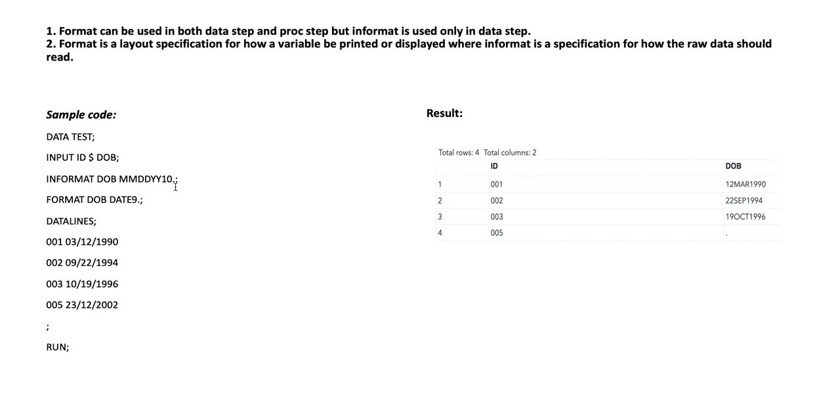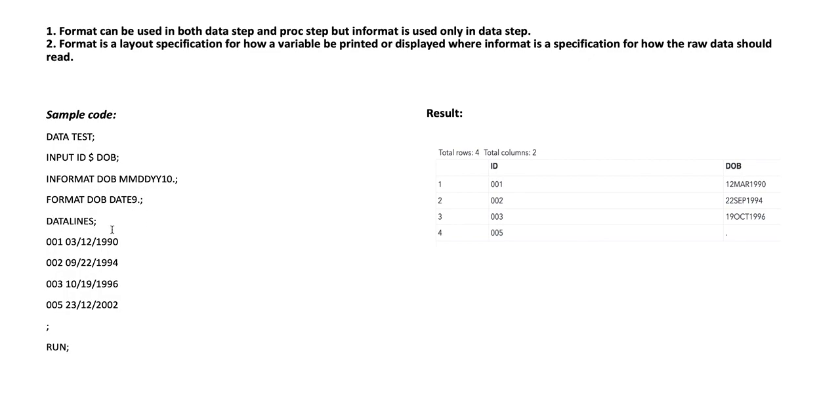That means read this data according to this format, that means 2-digit month, 2-digit day, and 4-digit year. And format DOB DATE9. That means write the data according to this format. This format means 2-digit day, 3-character month, and 4-digit year.